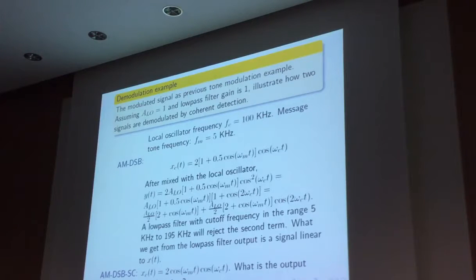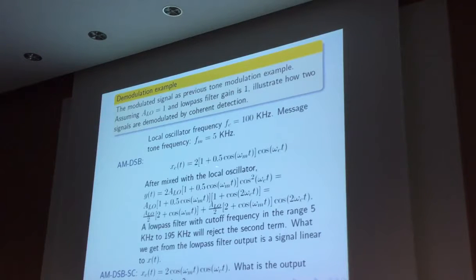We know that the carrier frequency is 100 kHz and the message is 5 kHz. Let's assume at the receive side we have a local oscillator with the same frequency and same phase. Keep in mind that this is actually very hard to achieve in the practical case. For AM DSP, the signal is like this. This is the message. This is the carrier.